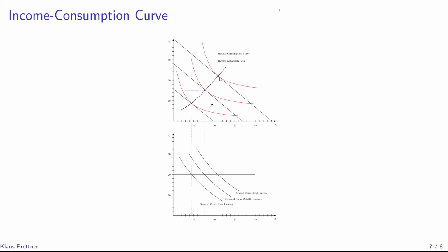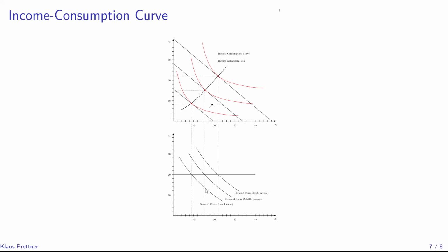So that means that if income increases, the demand curve shifts outwards. So we have the demand curve for low income, the demand curve for middle income and the demand curve for high income, and it is all reflected as an increase of the demand curve, so a rightward shift of these demand curves.